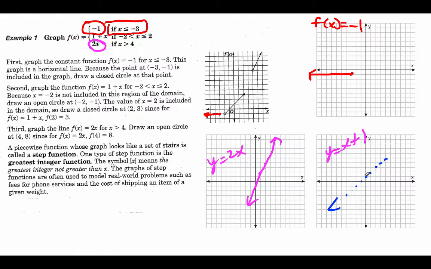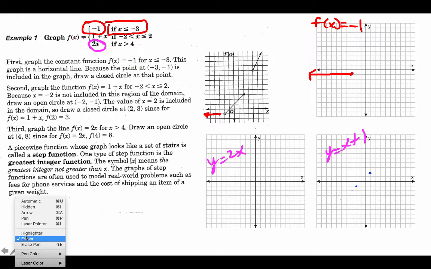All right, so now I'm going to graph. We'll take these two off of there. Then we're only going to graph that x plus 1, but only where x is from -2 to 2.